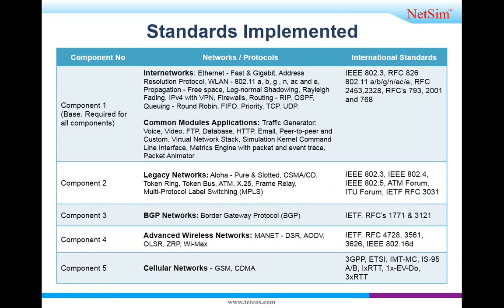Now, these are some components. NetSim is divided into these components. The first component is the base component, which is required for all the components. It has internetworks, that is Ethernet, fast and gigabit, ARP, wireless LAN, and these are the features of routing, RIP, OSPF, queuing, and there are some common module applications.